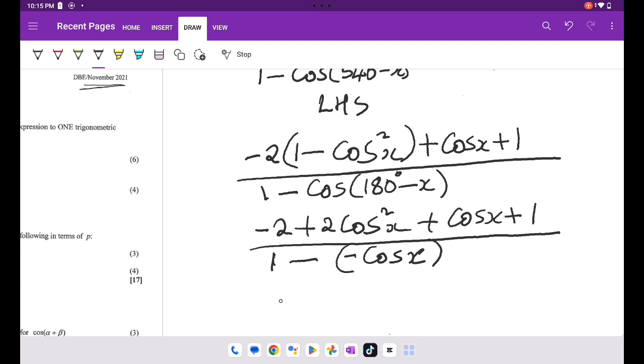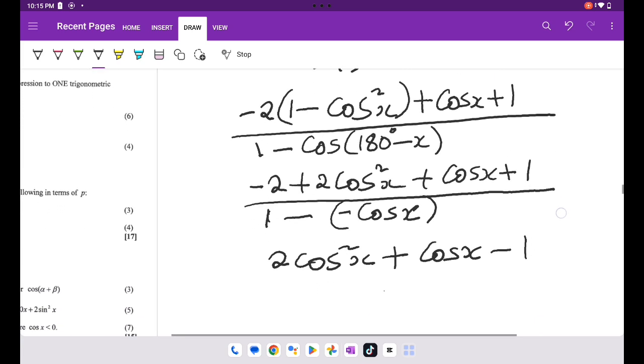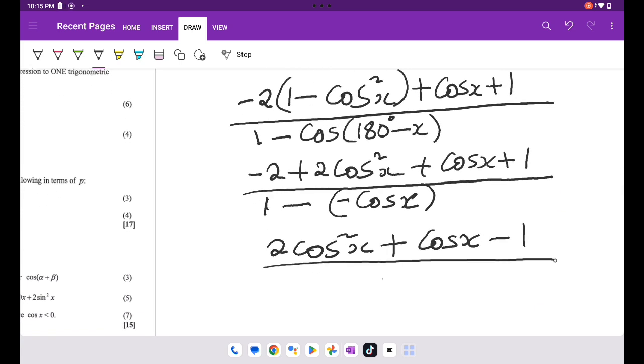So we have 2 cos squared x plus cos of x, minus 2 plus 1 is minus 1, all over 1, a negative and a negative will be plus cos of x.